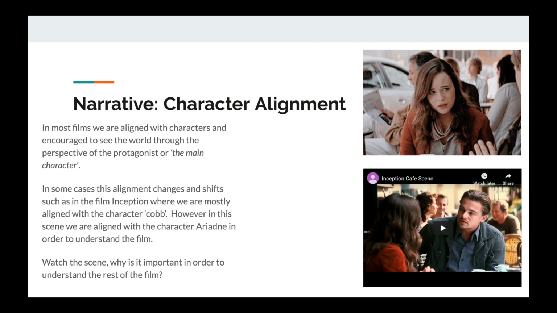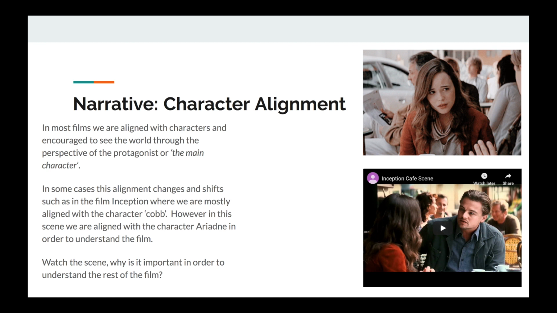So, in order to understand the film, at this point for this scene, we have to align with Ariadne, because it's at this cafe scene where up to this point we don't really know what's going on. There's been a number of scenes, but making connections to this stage is quite difficult.